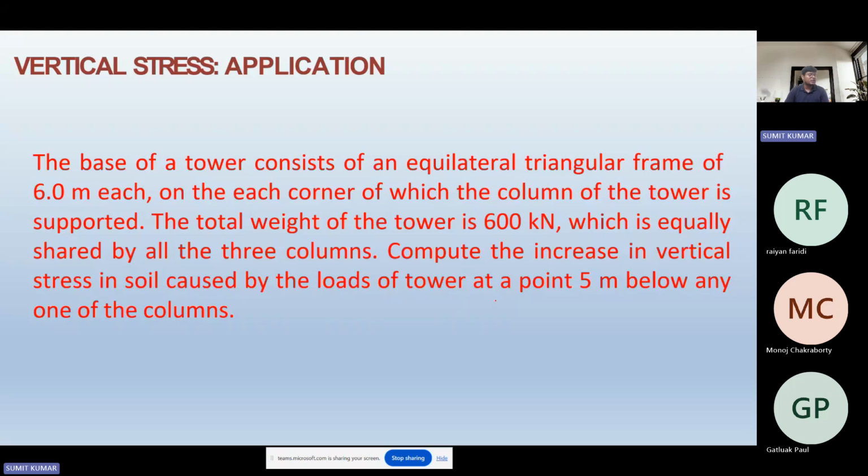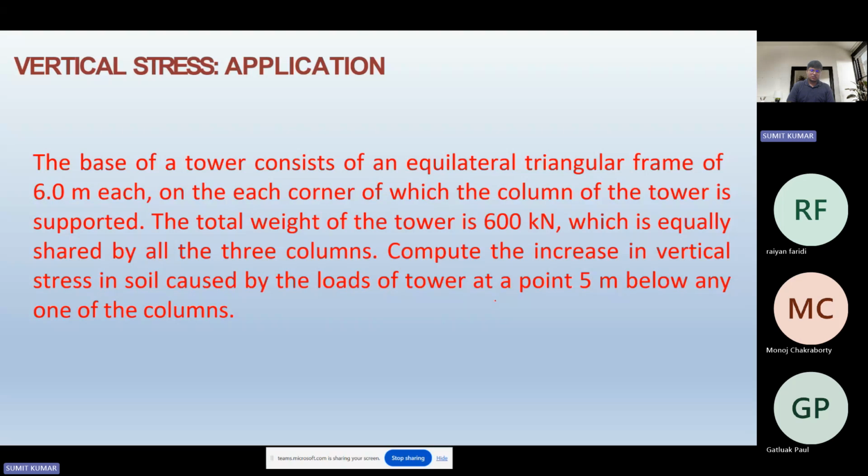Okay, so let me read the question again, because it will give clarity about the problem. The question asks that the base of the tower consists of an equilateral triangle frame of 6 meters each, on each corner of which the column of the tower is supported.